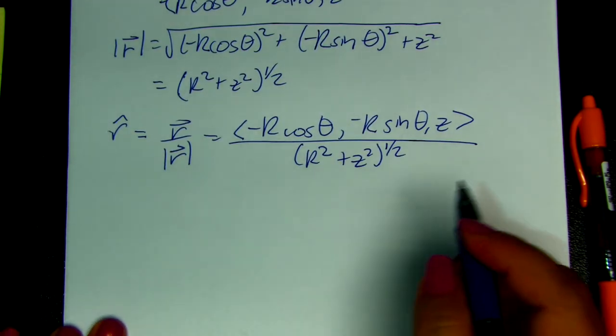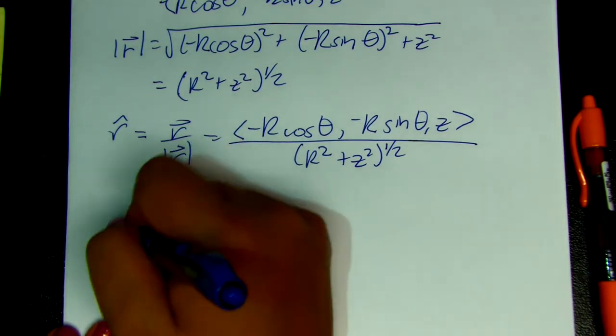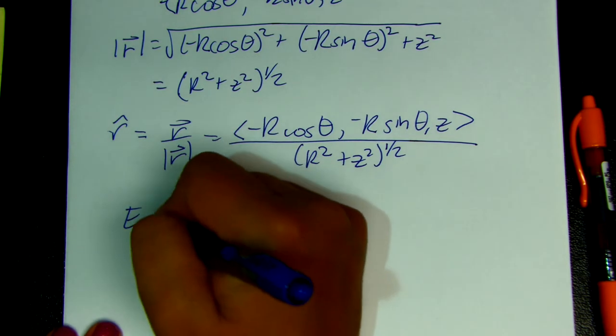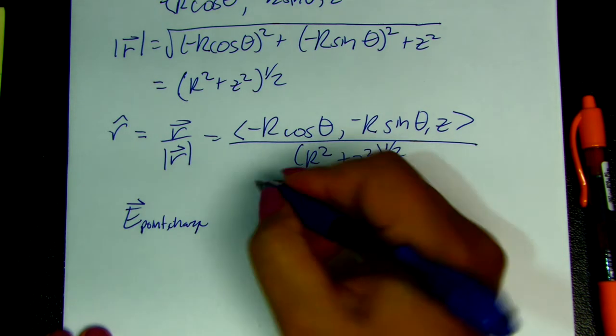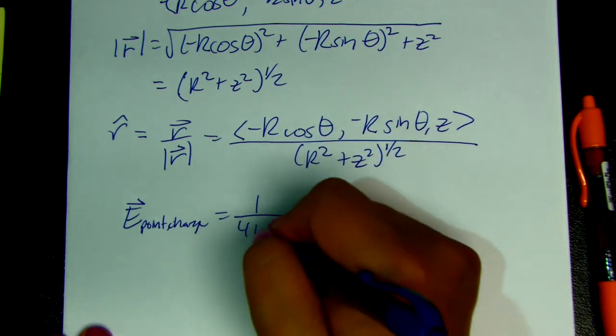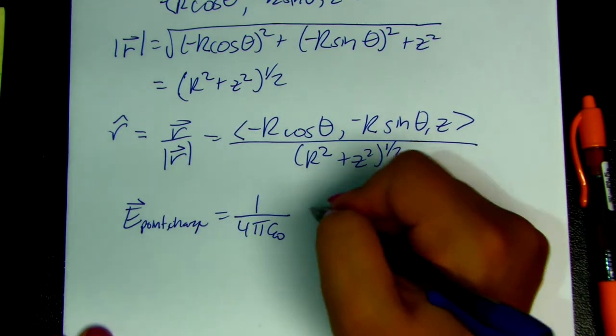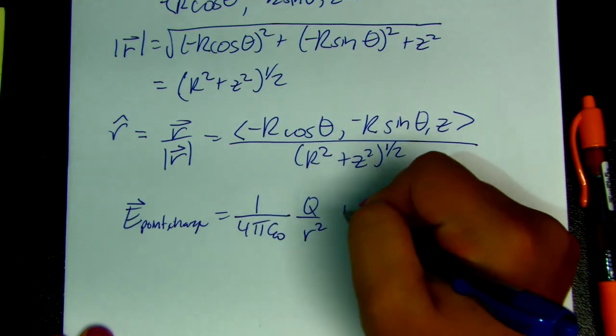And as we've already said, this is a thin ring, so we're going to use the electric field equation for a point charge, which is equal to 1 over 4 pi epsilon naught q over r squared times r hat.